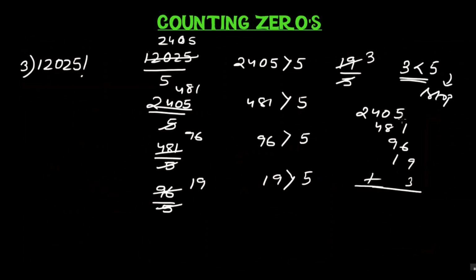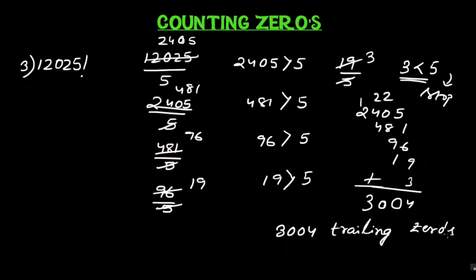On adding, what we get is 3004 trailing zeros at the end of 12025 factorial.